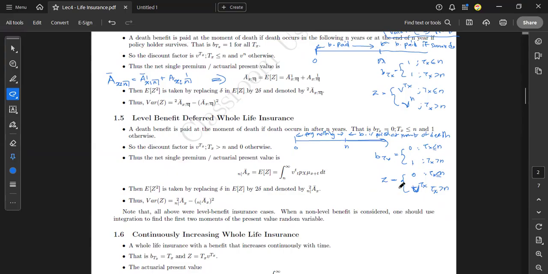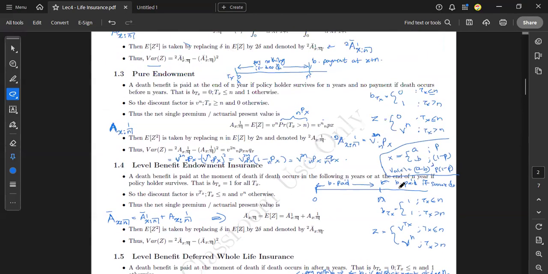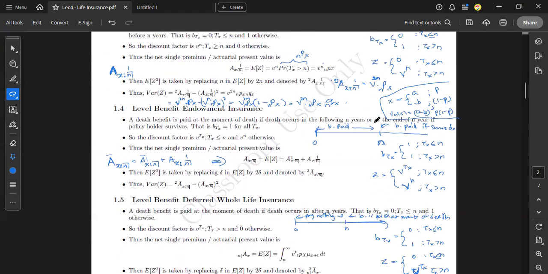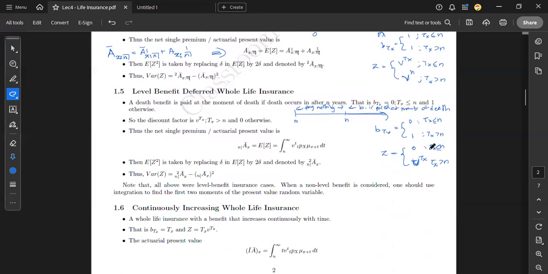So the difference between the deferred whole life and the pure endowment is that the benefit is v to the power n for the pure endowment, where n is a fixed point. But here, Tx is a random point beyond n. We don't know the actual point. In the pure endowment, we knew that the endpoint is n. But here the endpoint is Tx, which is greater than n, but we don't know the actual place.